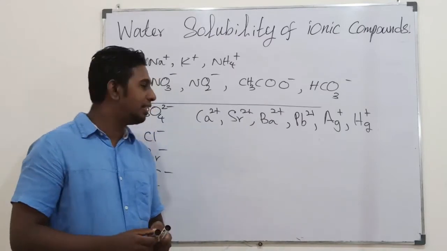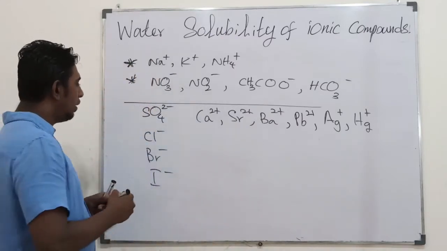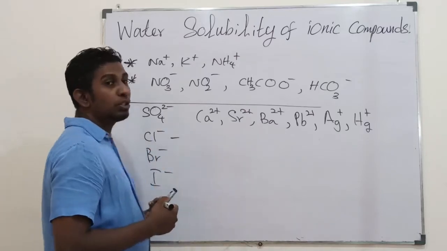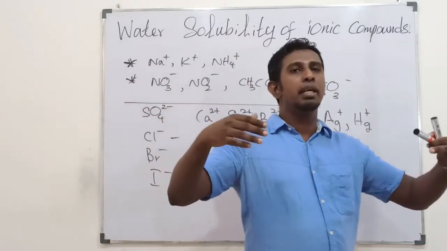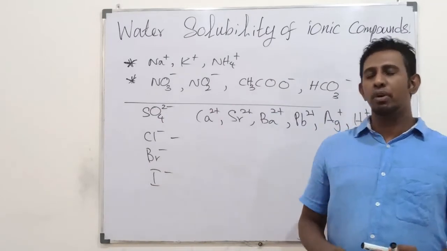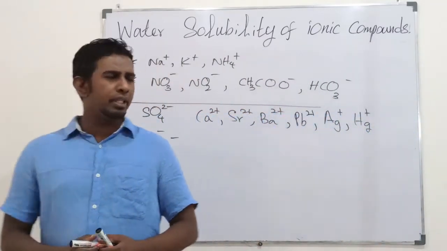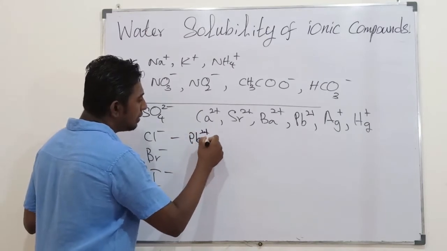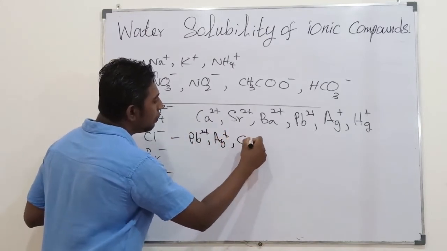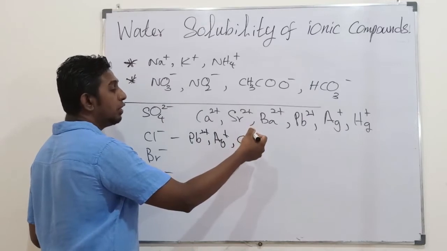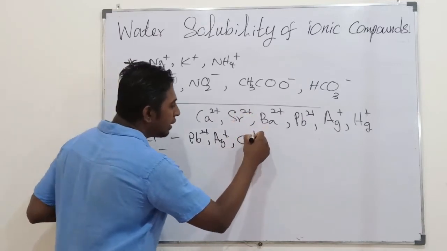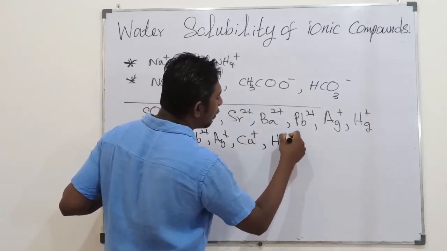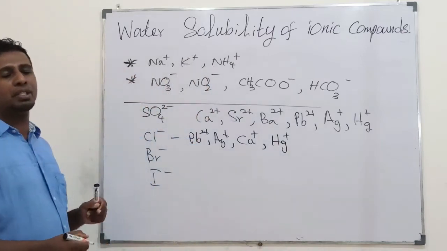Okay students, let's talk about the chlorides. When you check for the chlorides, most chlorides are water soluble except 4 chlorides. What are they? Lead chloride, silver chloride, cuprous chloride with Cu plus, and mercurous chloride.